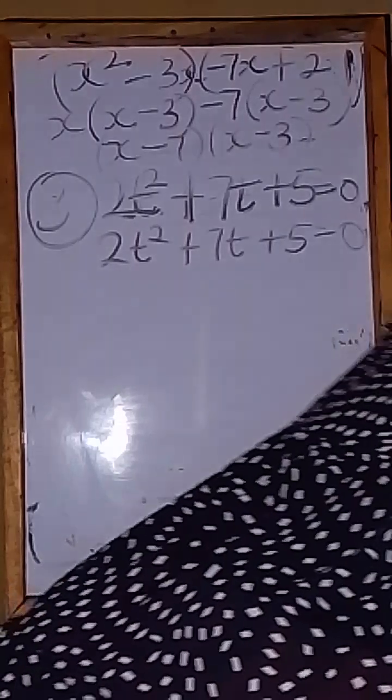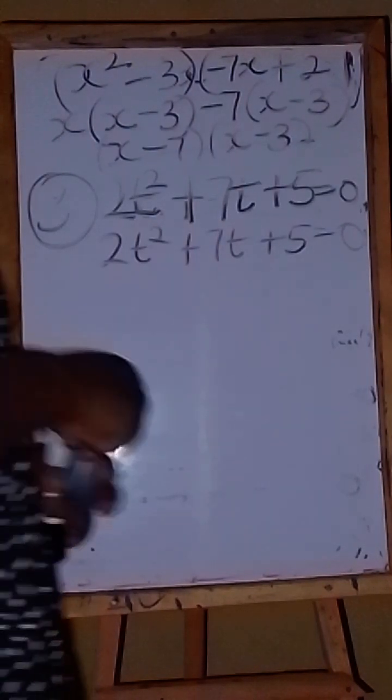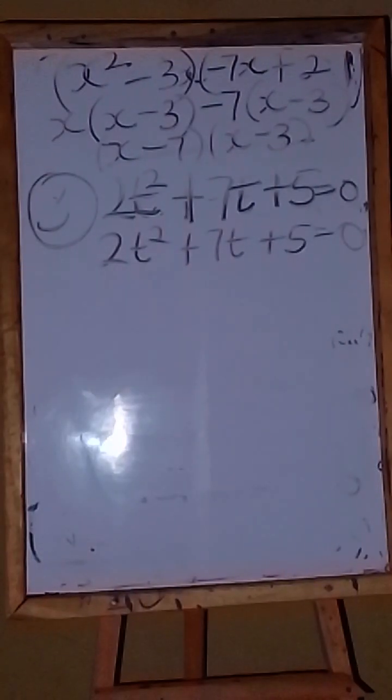That implies that you multiply. You multiply 2 with that 5. That's the first thing to do. So we have 2 times 5. 2 times 5 is going to give us 10.